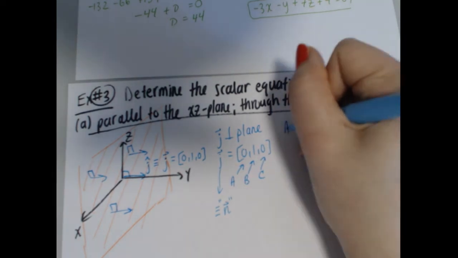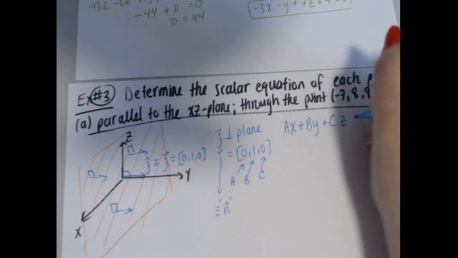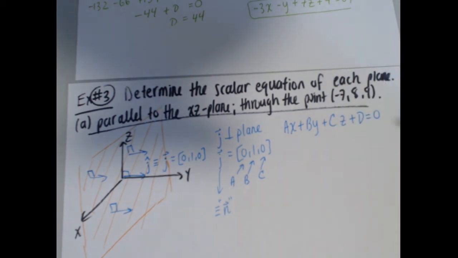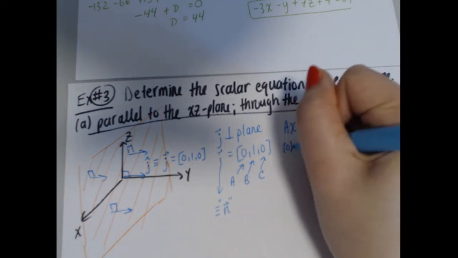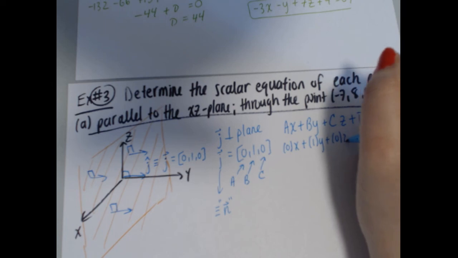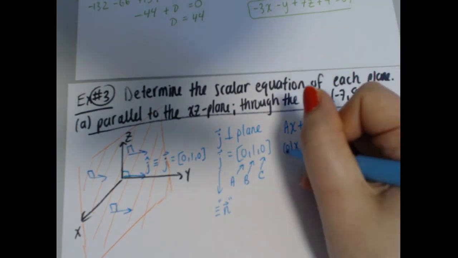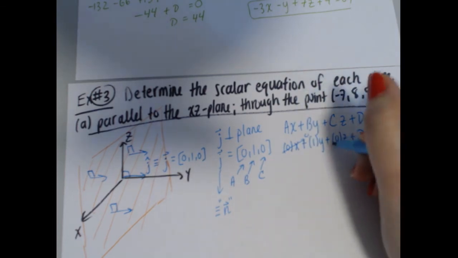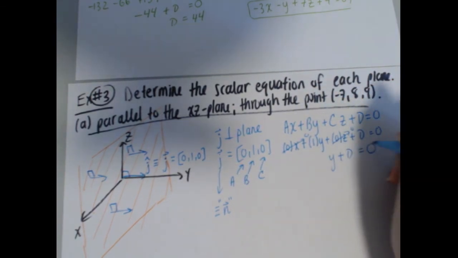Okay, so I know the equation of my plane is Ax plus By plus Cz plus D is equal to 0. Right? So now I know A, B, and C. So 0x plus 1y plus 0z plus D is equal to 0. So that first term is gone, third term is gone. So I end up with y plus D is equal to 0.